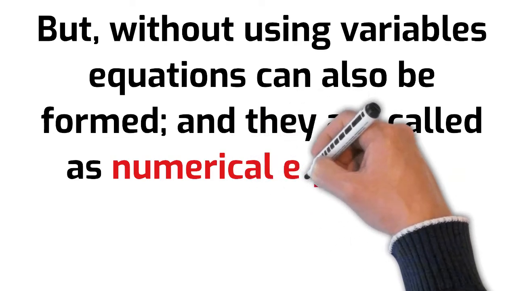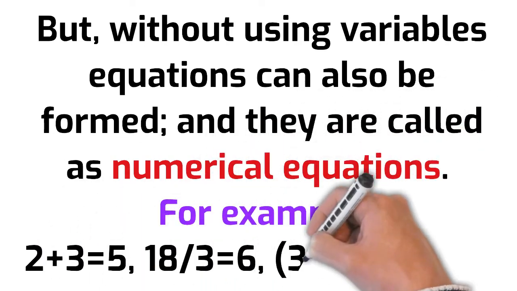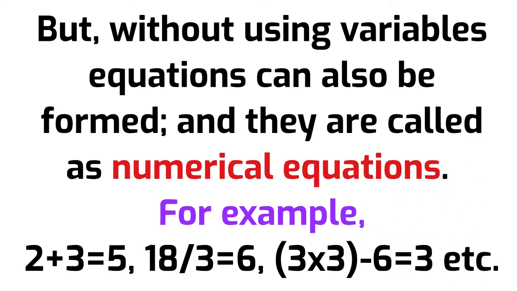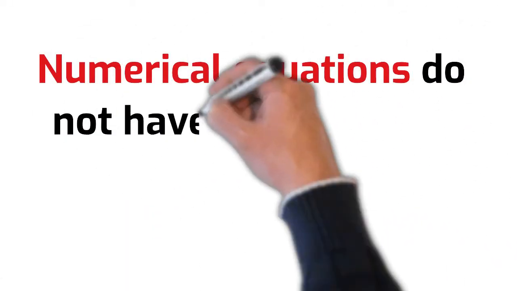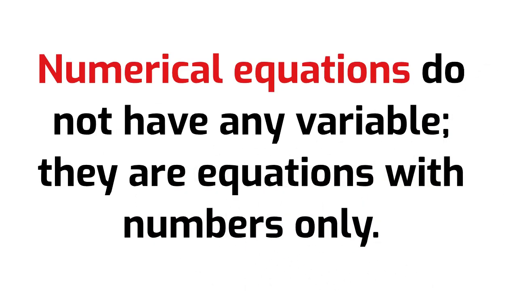For example, 2 plus 3 equal to 5, 18 by 3 equal to 6, 3 into 3 minus 6 equal to 3, etc. Numerical equations do not have any variable. They are equations with numbers only.